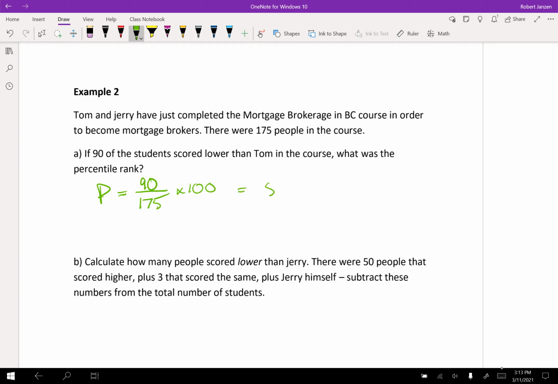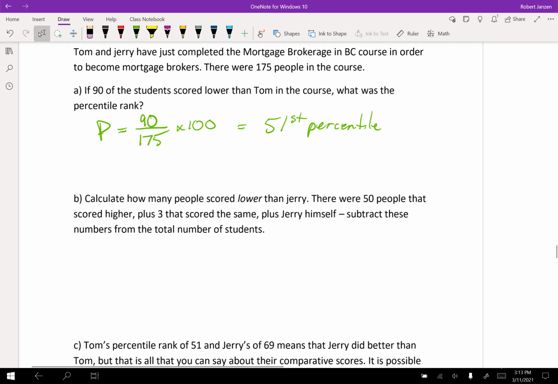Okay, so he is in the 51st percentile. Pretty close to average.